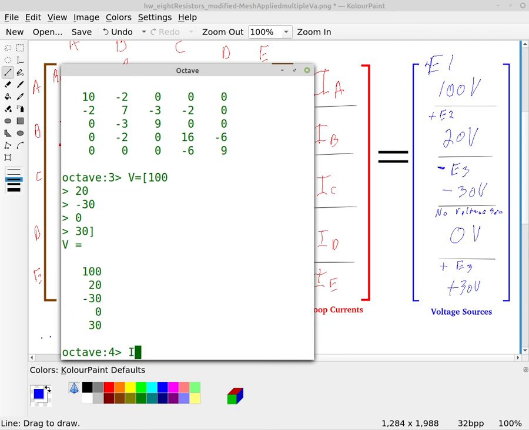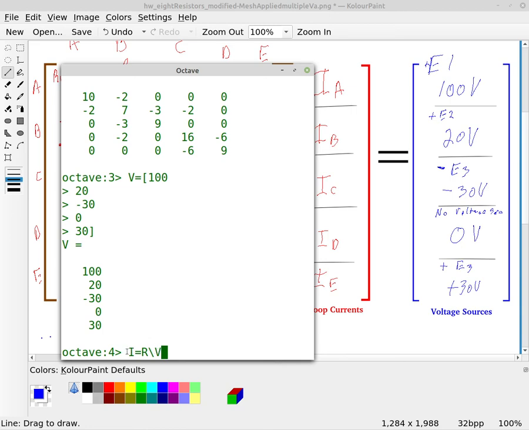So now we can declare our loop currents. I is equal to R, and then we use this backslash V, because it's V divided by R. So this gives the impression that V is on top and R is underneath.